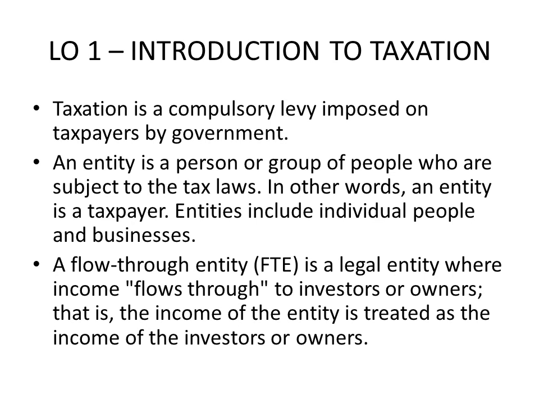Again, most countries require flow-through entities or their owners to file an annual return reporting the shares of income allocated to owners and to provide each owner with a statement of allocated income to enable owners to report their shares of income on their own tax returns.